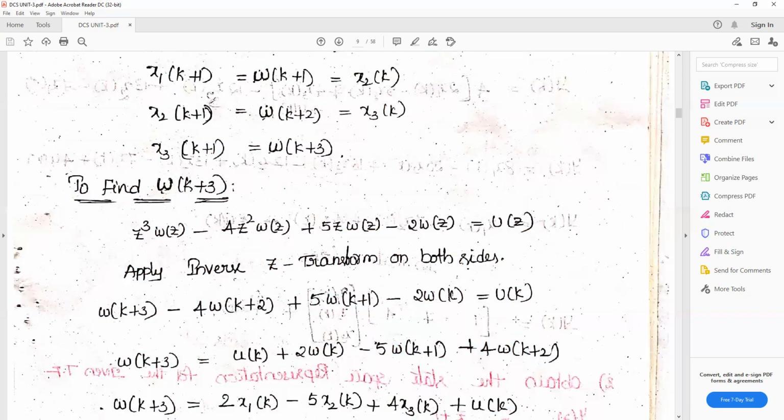So w of k is x1, w of k plus 1 is x2, w of k plus 2 is x3.